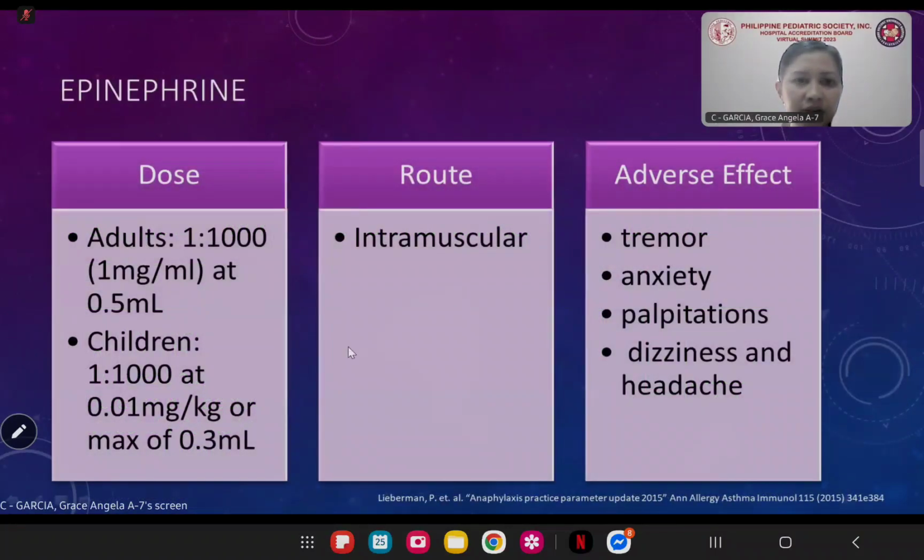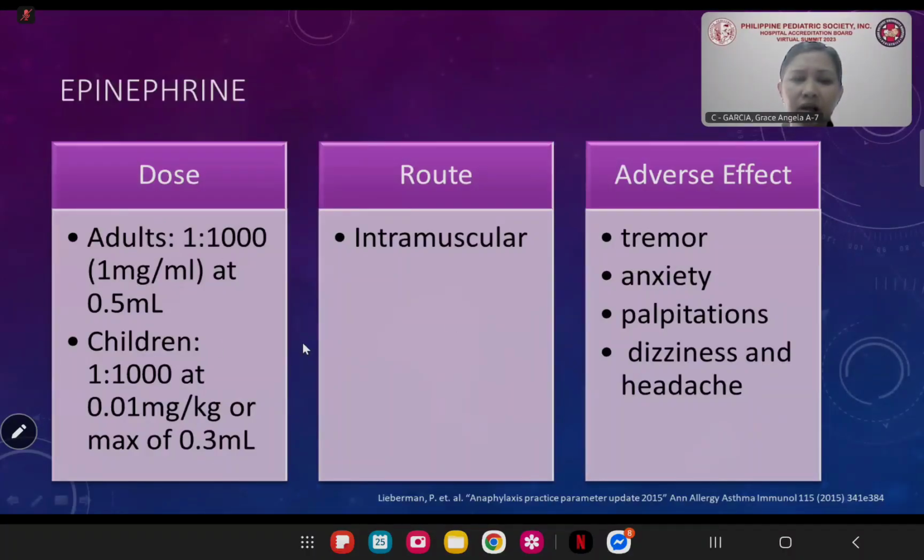So the dose of your epinephrine is 1:1,000 or 1 milligram per ml at 0.5 ml. In children, you would compute it at a dose of 0.01 milligram per kilogram or a max of 0.3. But just a fast overview, for example, if your patient is 10 kilos, you give 0.1 ml. If your patient is 20 kilos, 0.2 ml. So you would just move the decimal point.